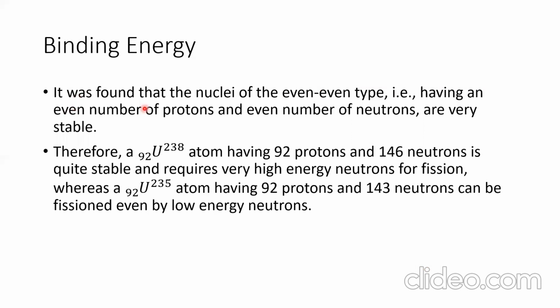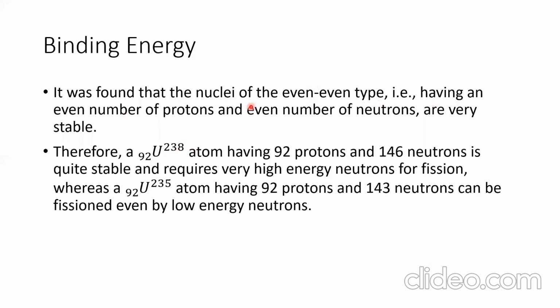It was found that the nucleus of even type, means what? For example, uranium 92 238. Its atomic number is 92, that is, an even atomic number. Also, its mass number is 238, also an even number. Means it is of even type.